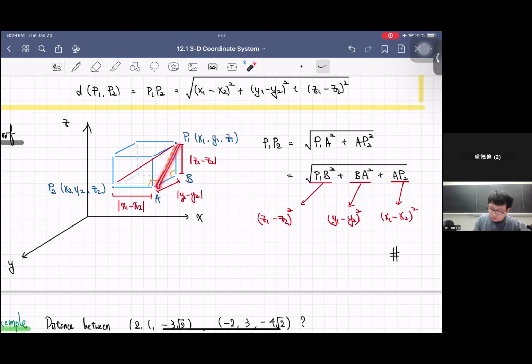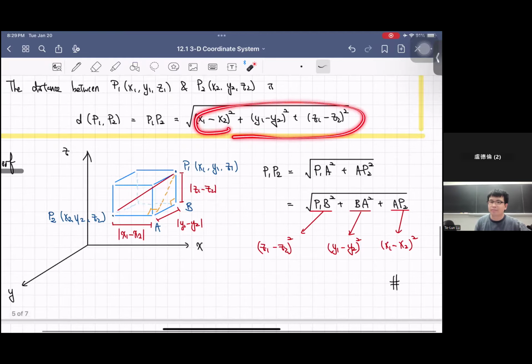So P1A squared, in this case, will be P1B squared plus BA squared, right? So you can see that P1A squared plus AP2 squared will simply be this squared plus this squared plus this squared. And coincidentally, the horizontal distance is x1 minus x2, the vertical distance is y1 minus y2, and the height is z1 minus z2. So you have those three differences squared and added together.